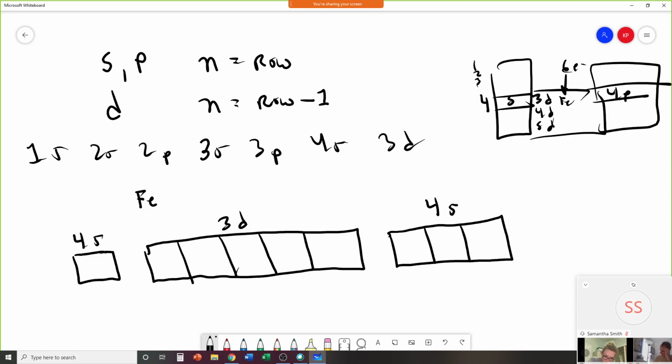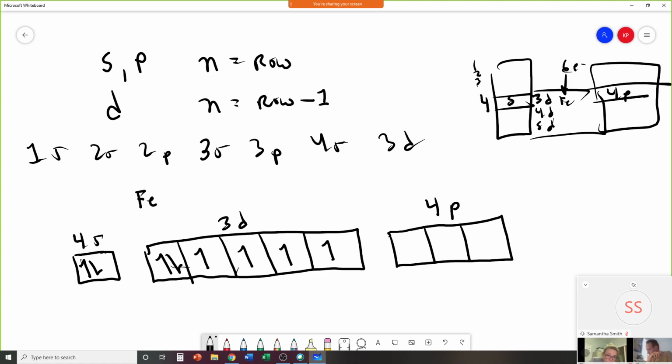You have 3 orbitals for your p, and so you have 6 total electrons in your p's, and your d's you have a 10 maximum with 5 orbitals. And so you would say for iron, since it's a 6th element across on your d's, you would go 1, 2, and you'd go 1, 2, 3, 4, 5, 6. And there would be your configuration for iron.